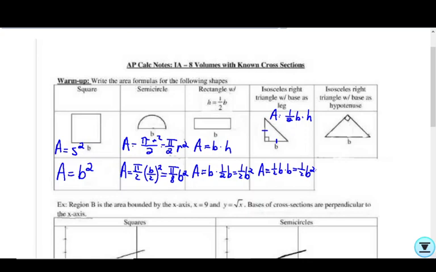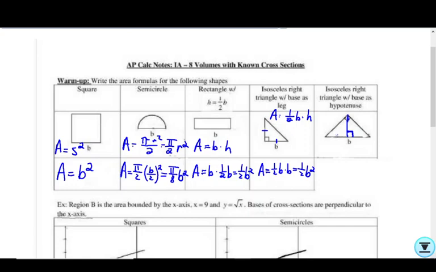Now, the same triangle, with the base being the hypotenuse. Think of it this way: if we drop an altitude here, and this is a 90-degree angle, if it's an isosceles right, it's already a 45, 45, 90. When we drop this altitude, this becomes my 90, and my other two are my 45, 45.